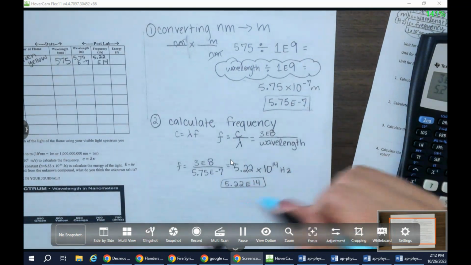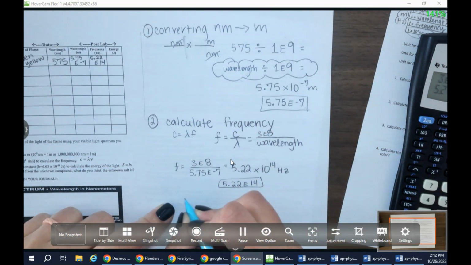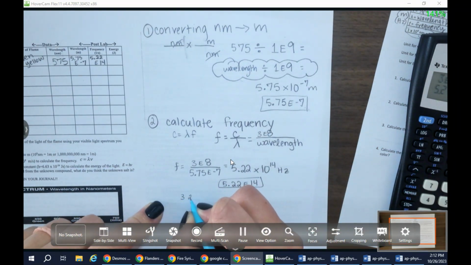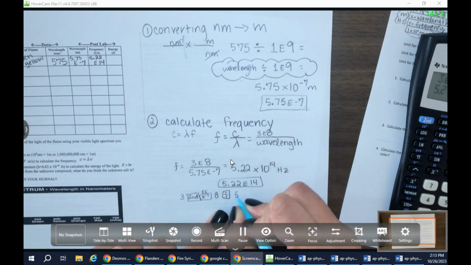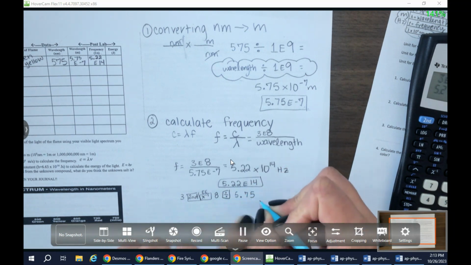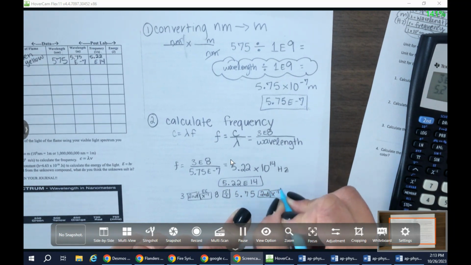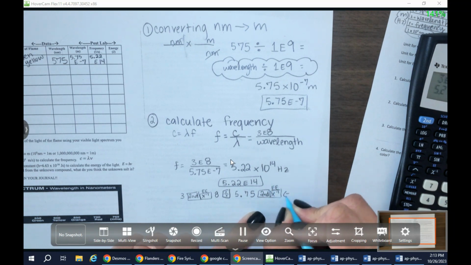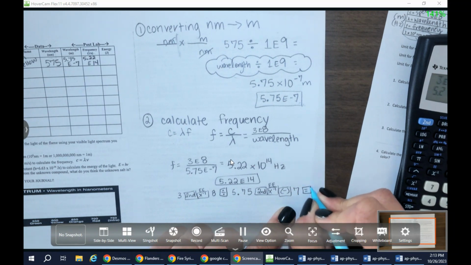Also, I'll write the keystrokes for mine. If you are using the same number as me for that first one, that's fine. So I'm typing in 3, and I push second, that x to the negative 1, which has EE on top, 8, and then I push divide, 5.75, second EE, and then the negative, which is at the bottom of my calculator, 7, and then equals.